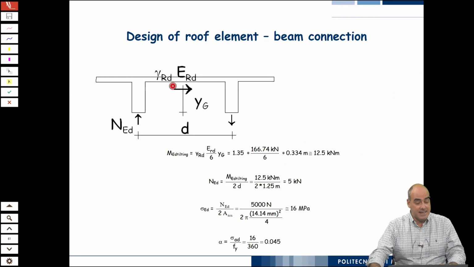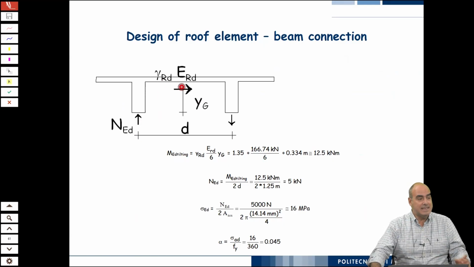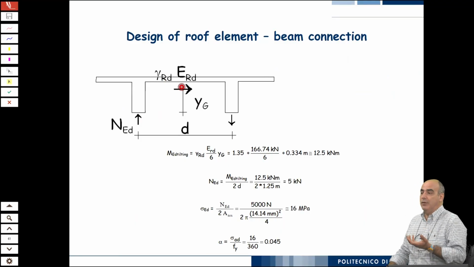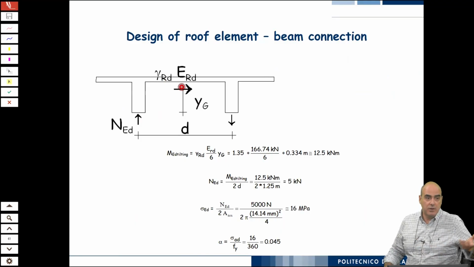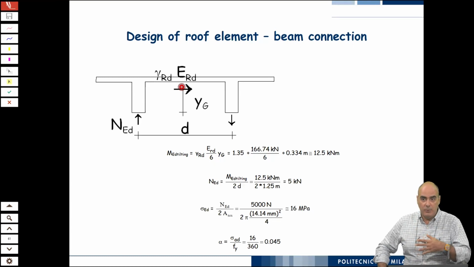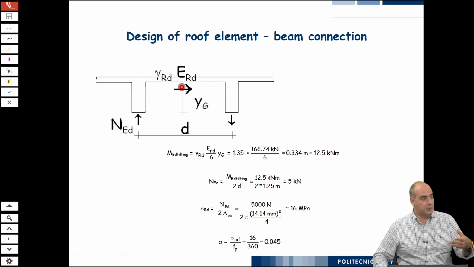And the other fact is that the force here is not applied at the level of the beam roof element interface. Since it's an inertia force, you apply it at the center of mass, because the inertia force, as we said, is an effect of the earthquake, which comes from the mass times the acceleration induced by the earthquake.